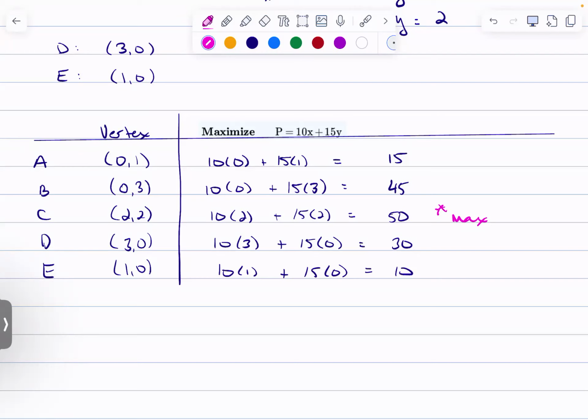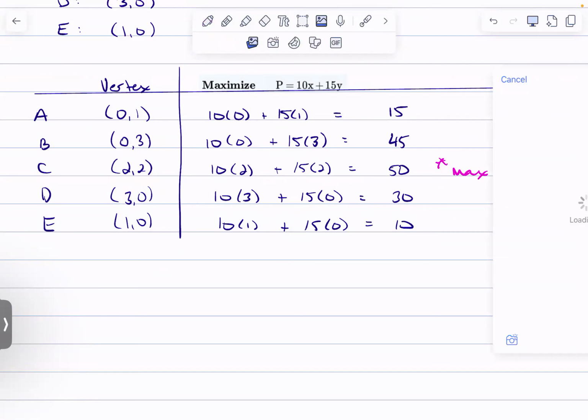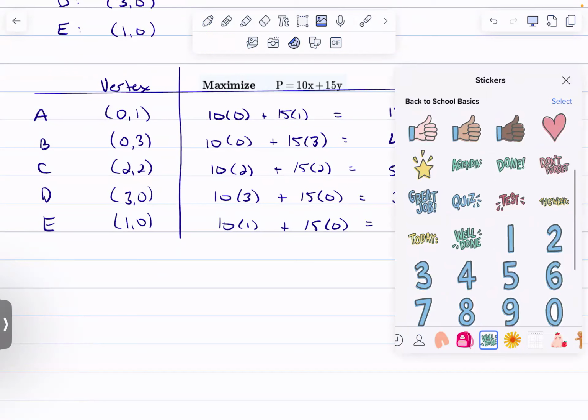No. 10. That's it. I know. If I had a gold star, slap it on there. What? That's enough. How about this? I'll take that. Everyone gets one. Yes.